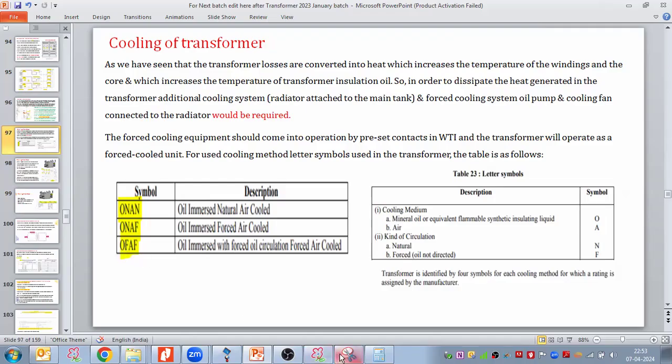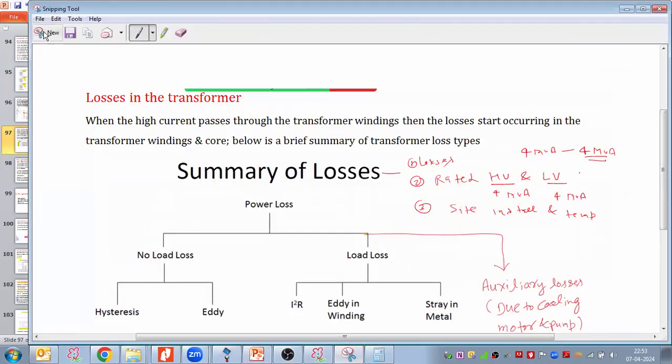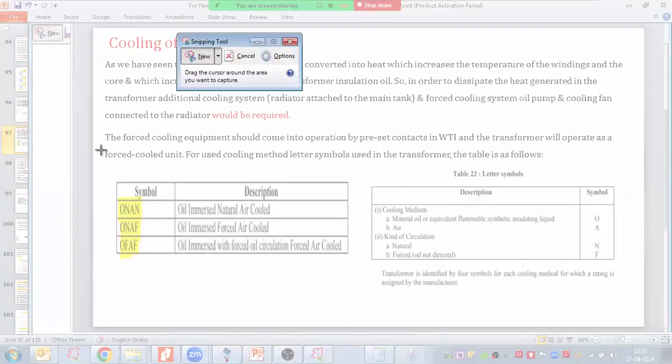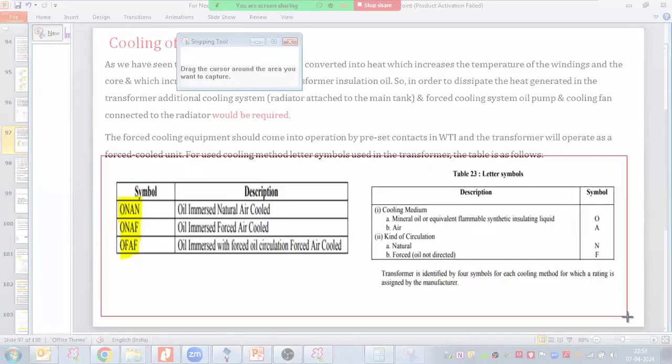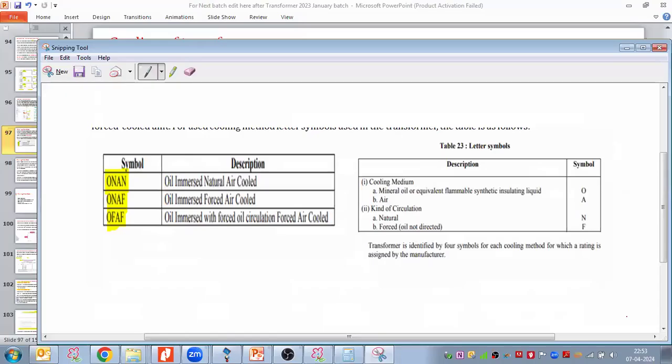Losses. Auxiliary losses will be increased. Yes. When I take the pump and the fan, which has a motor of something like 1 HP or 0.5 HP, the auxiliary losses due to the fan and motor come into the picture.